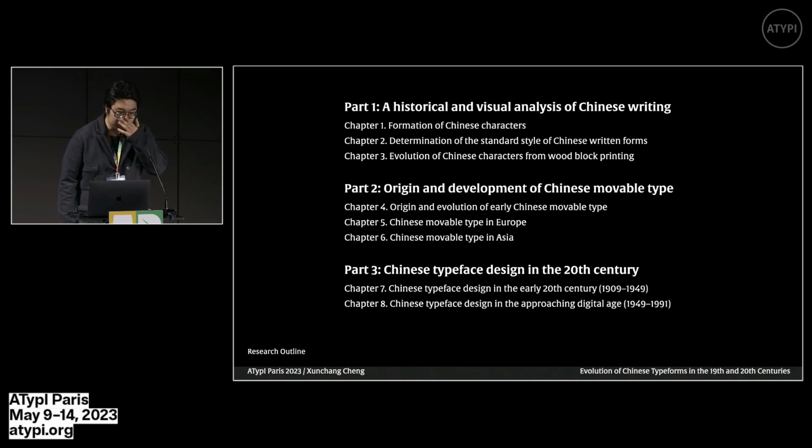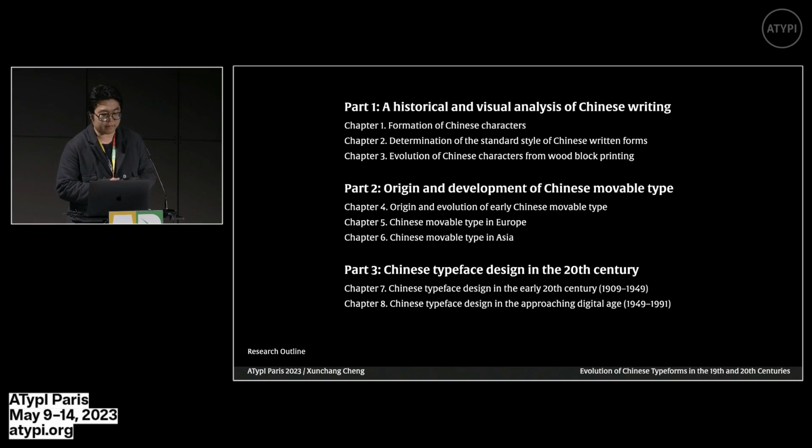And this is my research outline. I have 3 parts. Part 1, a historical and visual analysis of Chinese writing. I need this part because all the readers of my research are English speakers, so I think it is quite necessary to explain clearly what the Chinese writing system is.